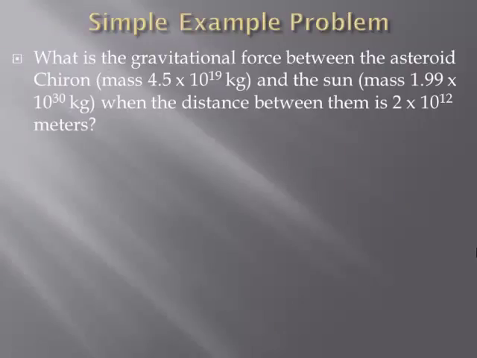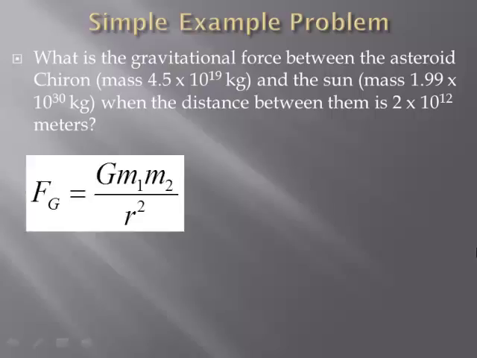Here is a simple example problem. What is the gravitational force between the asteroid Chiron and the Sun when the distance between them is 2 times 10 to the 12th meters? So for G, we just want to plug in 6.673 times 10 to the negative 11th. I would suggest putting that into your calculator and storing it.